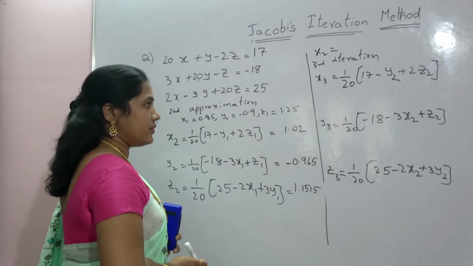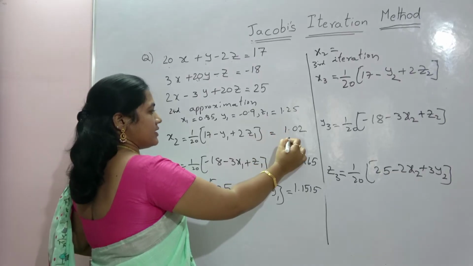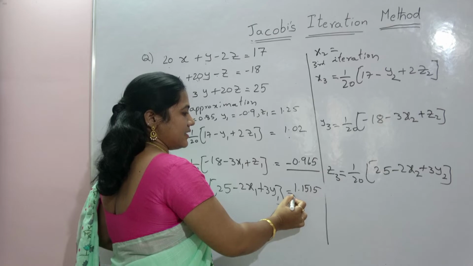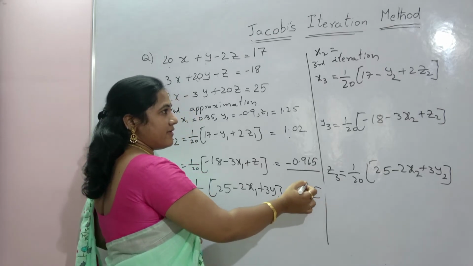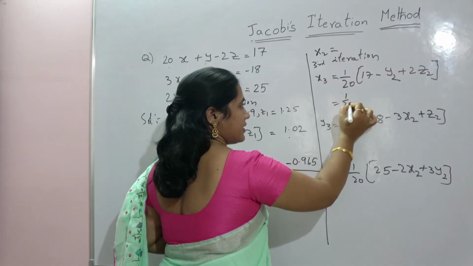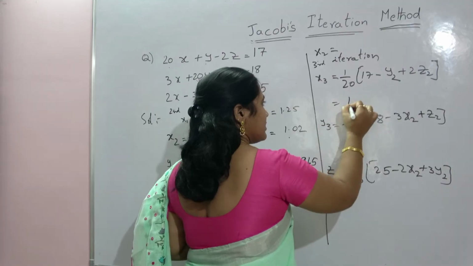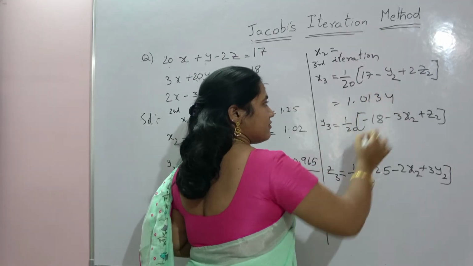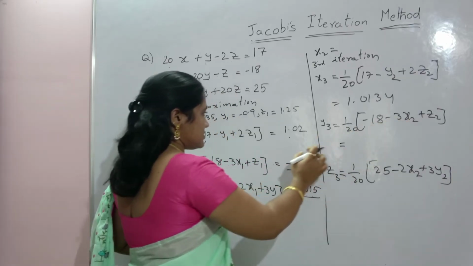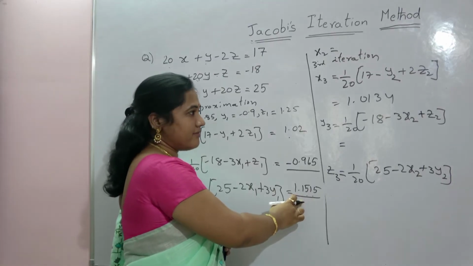So now substitute y2 and z2 values. y2 is minus 0.965 and z2 is 1.1515 in this equation. So after substituting, you will get x3 is 1.0134 and for y3, substitute x2 is 1.02 and z2 is 1.1515.